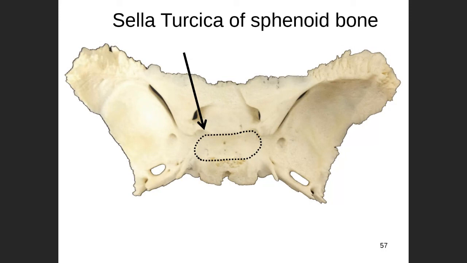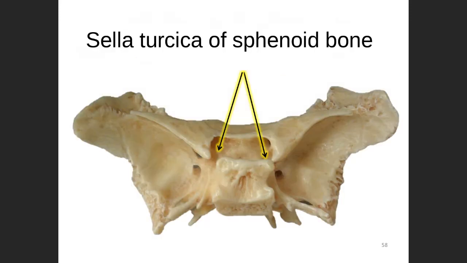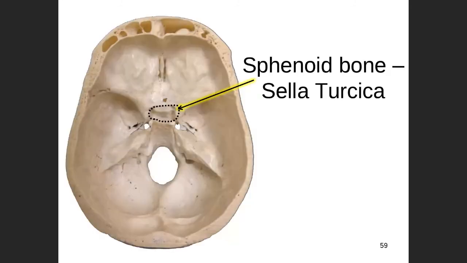And one more picture of it, so you never forget it. Okay, we've already seen that one, but this one. Okay, so several different views of the Sella Turcica. I want you to be familiar with all those because those may show up again.